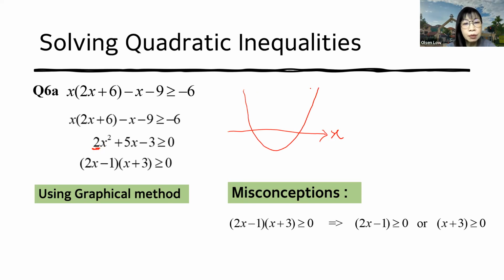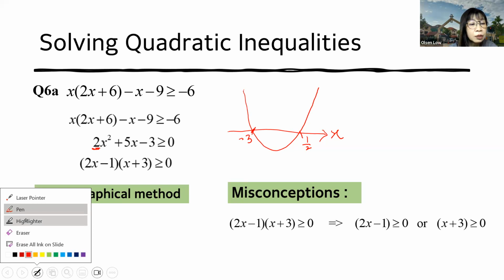With a minimum graph, we are able to identify the two intercepts, which are -3 and the other value, which is a half. With this, we proceed to identify the region.